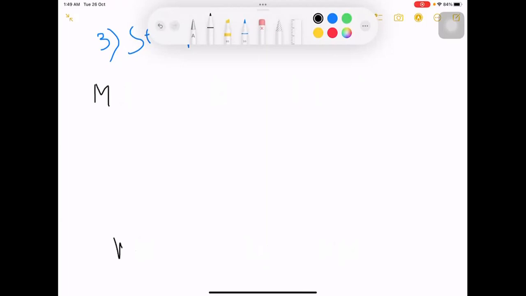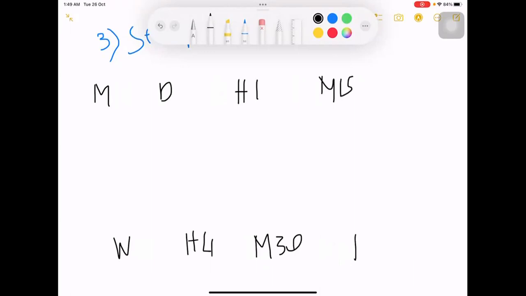Monthly, weekly, day 1, 4 hour, 1 hour, M30, 15, 5 and 1.